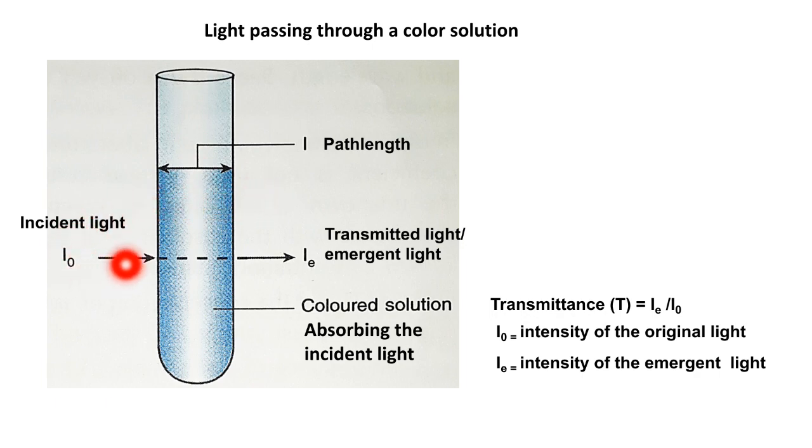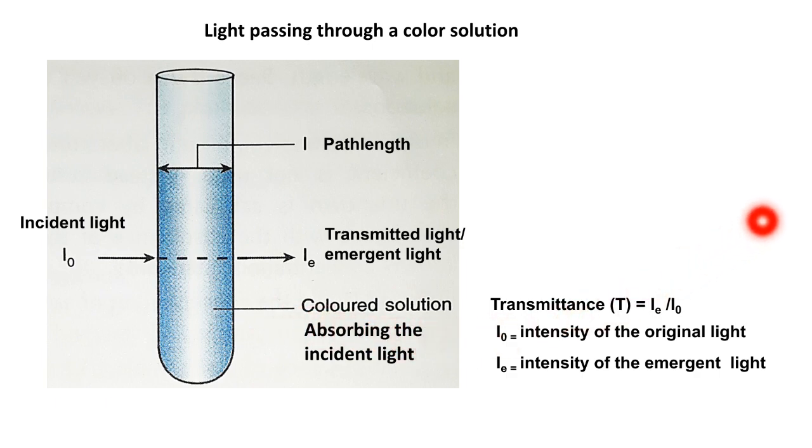So when the incident light from the light source passes through the solution, some of the light is absorbed. The remaining light will be emergent light, also called transmitted light. This is the path length through which the incident light is passed through the solution. Usually it is 1 centimeter in diameter.